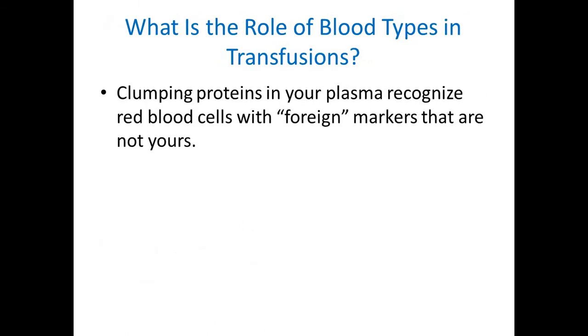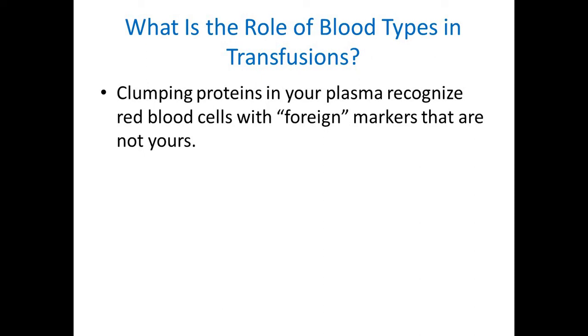Now, clumping proteins. What are the clumping proteins? I said clumping proteins are found in the plasma. Clumping proteins recognize red blood cells. Any foreign blood cells coming from another person, the clumping protein will know them.